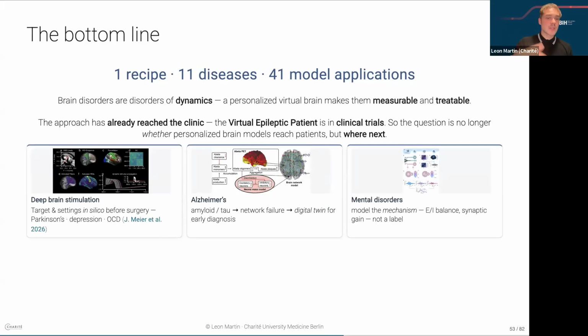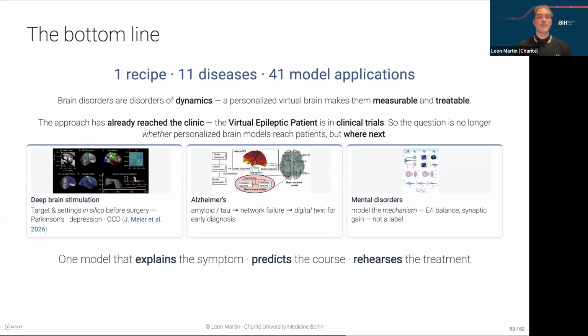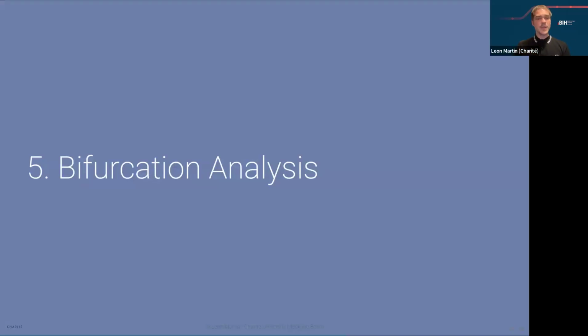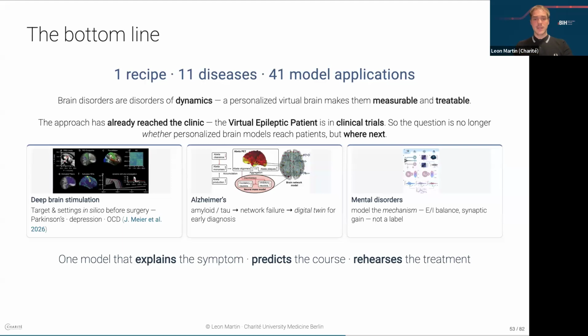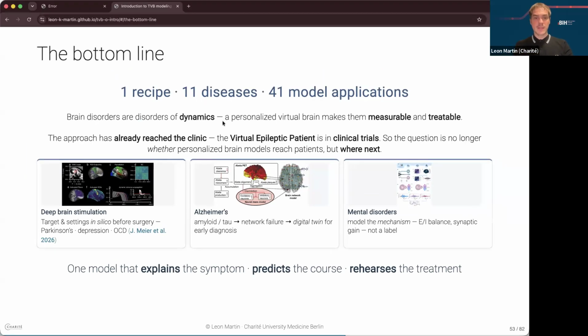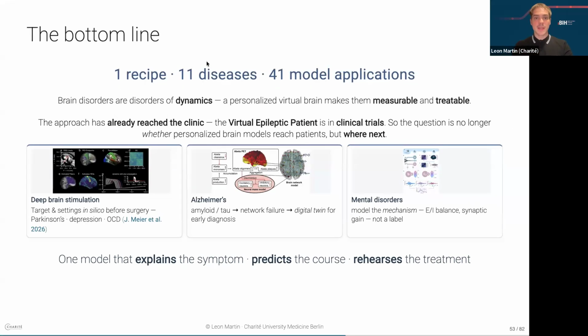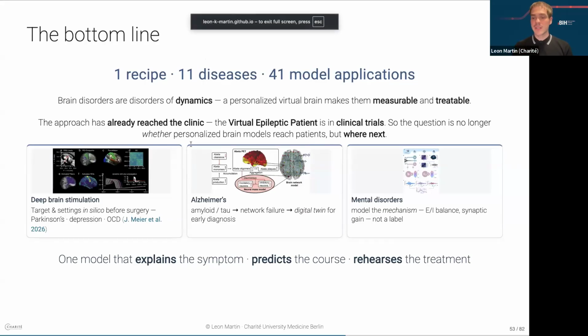How do we translate the findings of deep brain stimulation into clinics of Alzheimer and mental disorders? So we can have one framework, one model that explains, predicts, and also rehearses the treatment in silico. By this, I will skip the next, but maybe there are some questions until now.